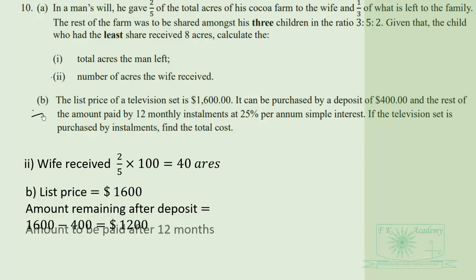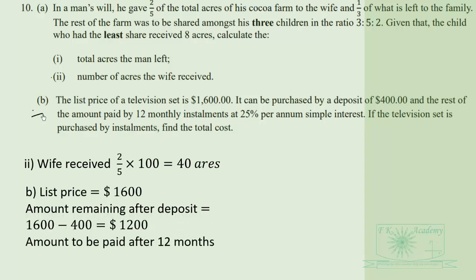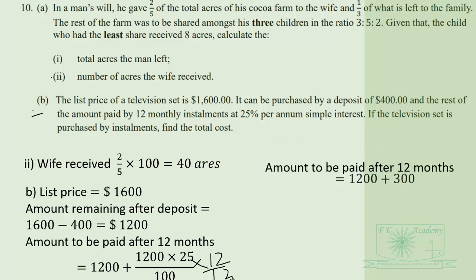The interest will be calculated on the 1,200. So we have 1,200 plus 1,200 times 25/100 times 12/12, which is 1. That will be the amount you pay in 12 months. So 1,200 plus 300. This will simplify to $300 interest.